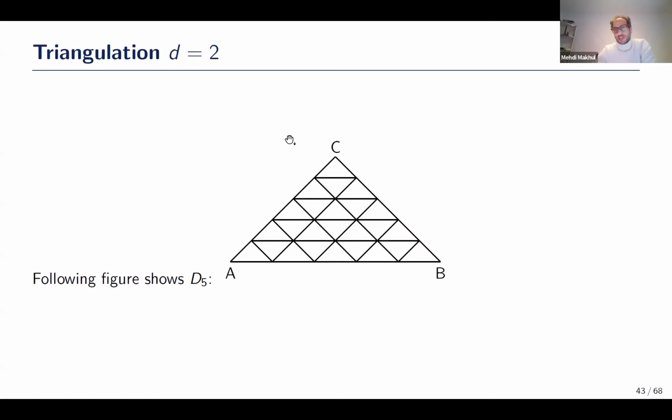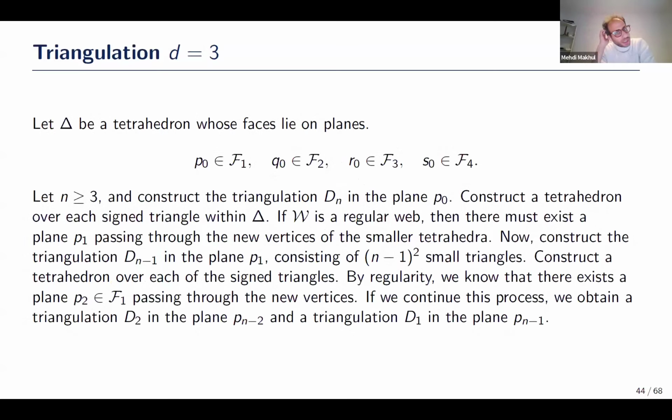Now I'm trying to generalize this to dimension 3. So in dimension 3 it is a bit more complicated, but still not very complicated. Again, I start with a 4-web of planes in a space, which I assume is also regular. I parameterize the first foliation by P, the second foliation by Q, the third foliation by R, and the last foliation by S. I pick 4 planes from these foliations to draw a tetrahedron in the domain.